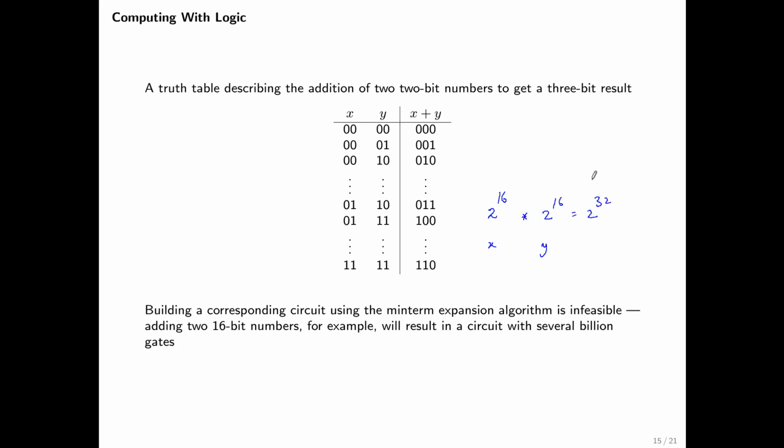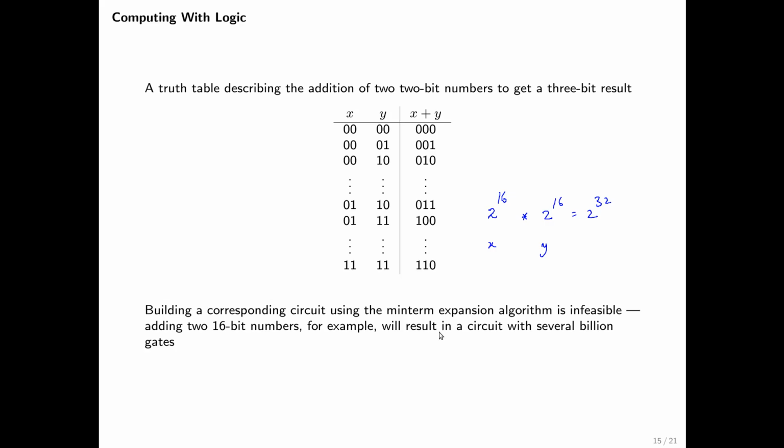And the result itself is going to be a 17-bit number. For each of those columns you need to apply the min-term expansion principle, which involves looking at this huge number of rows. So the circuit you end up with is going to be extremely infeasible. It's going to have billions of gates. So that's not the approach we want to seek.